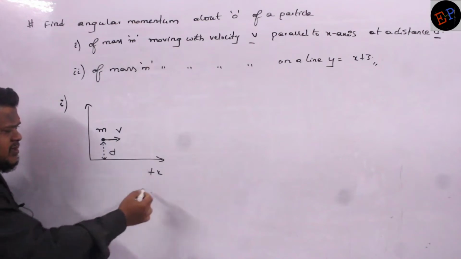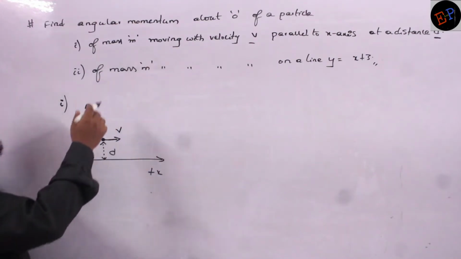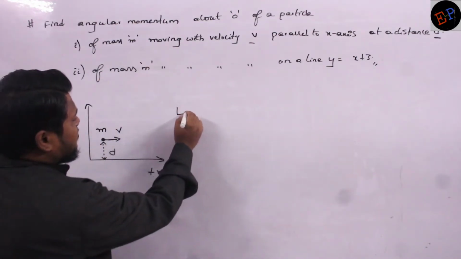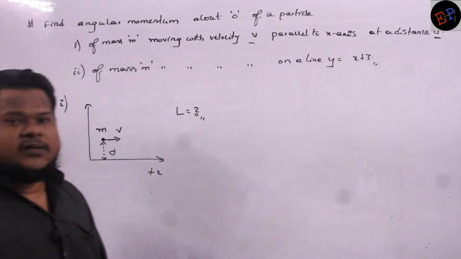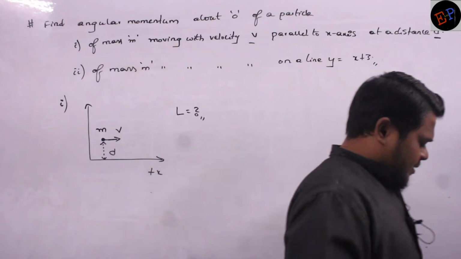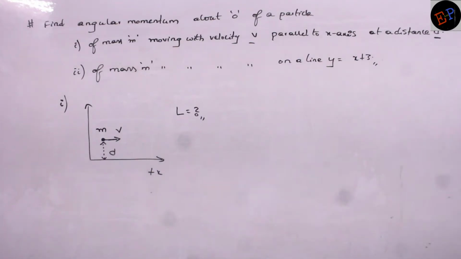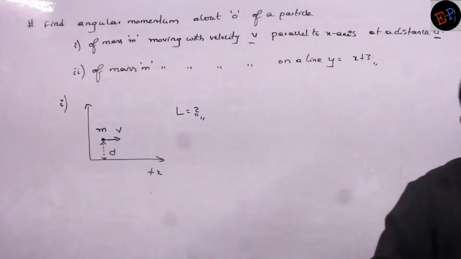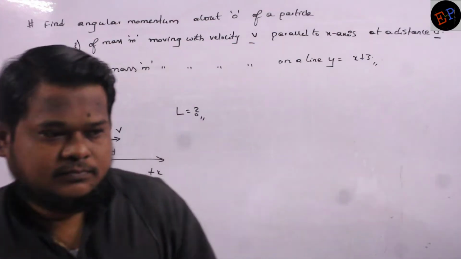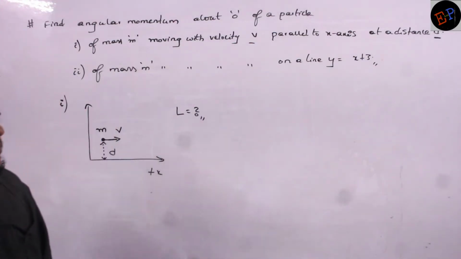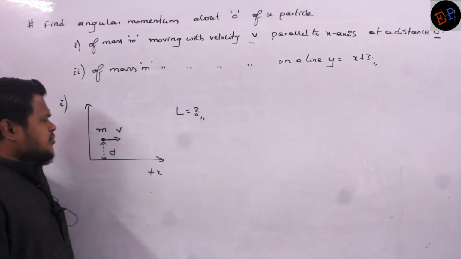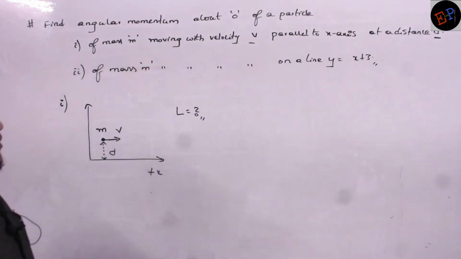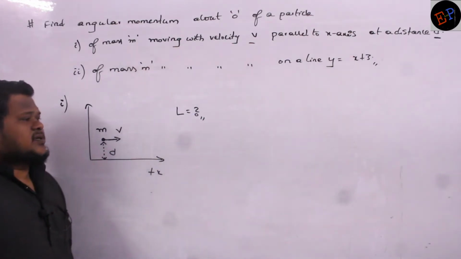So for this particle, how can I calculate angular momentum? L value, how can I calculate? You want to calculate with the help of K equals L square by 2I.